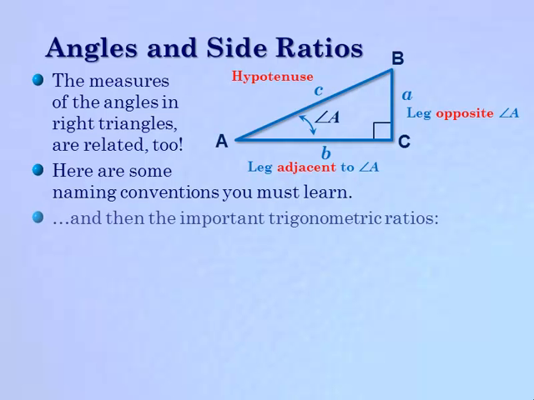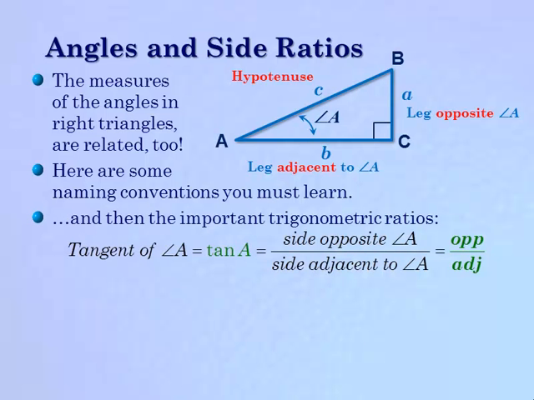And then there are the important trigonometric ratios that you must learn that are related to that convention and description. The tangent of angle A is equal to the ratio of the length of the side opposite A and the side adjacent to A, and you'll notice that we abbreviate it as OPP for opposite and ADJ for adjacent.